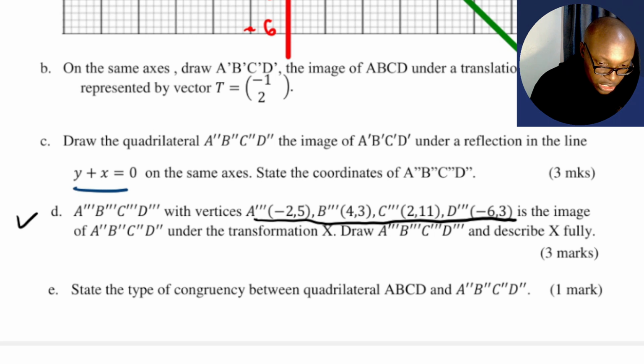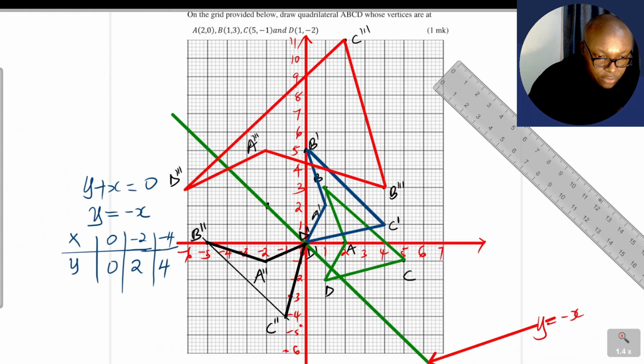So we need to describe X fully: the transformation that maps quadrilateral A2, B2, C2, D2 to A3, B3, C3, and D3. Hope you can see the two.